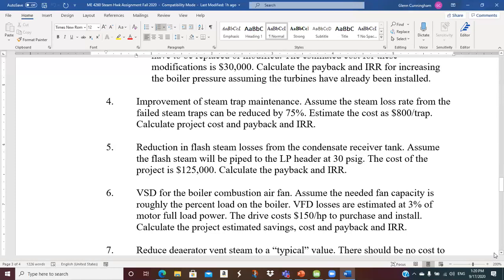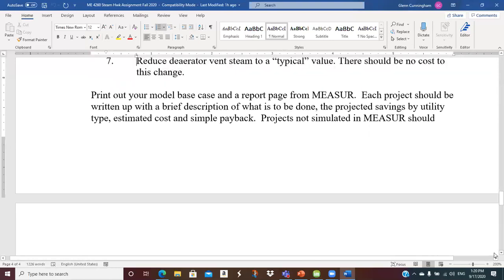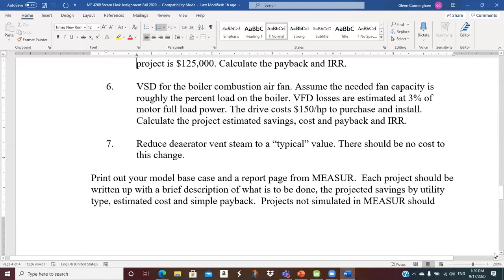You'll have to do a hand calculation on that as well. Add a variable frequency drive to the combustion air fan. There are calculators online. Rockwell and ABB have good ones, and I will show you that on Tuesday as well. And we want to reduce the DA vent steam to a more typical value.